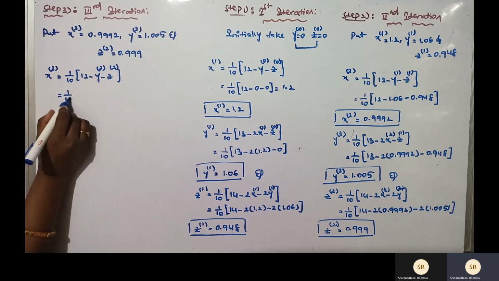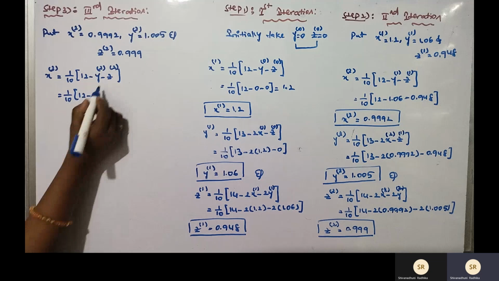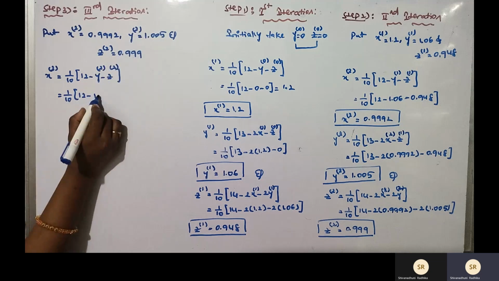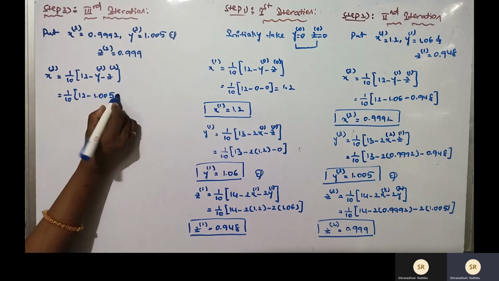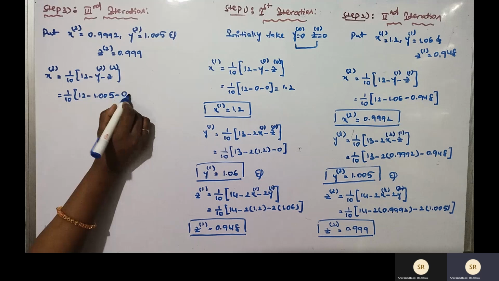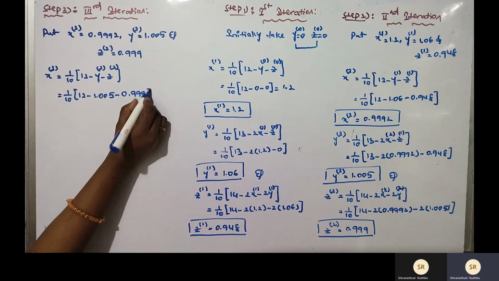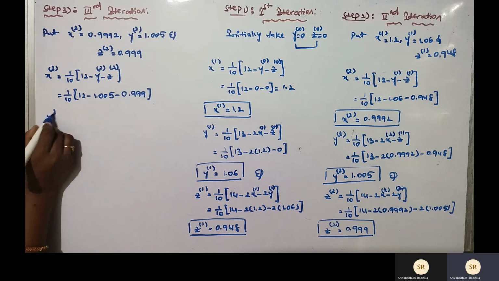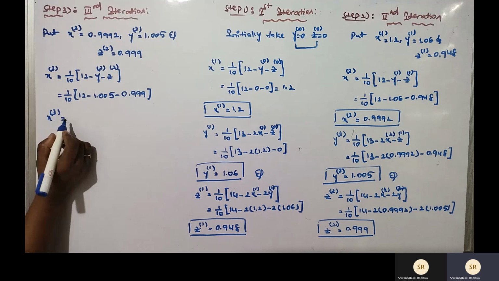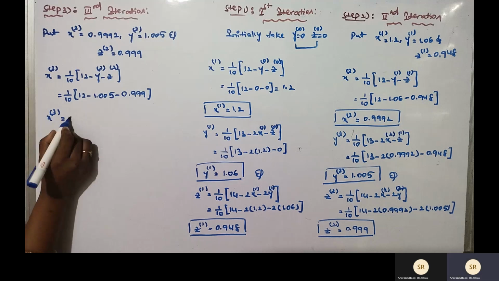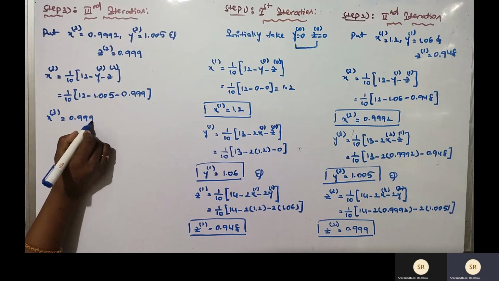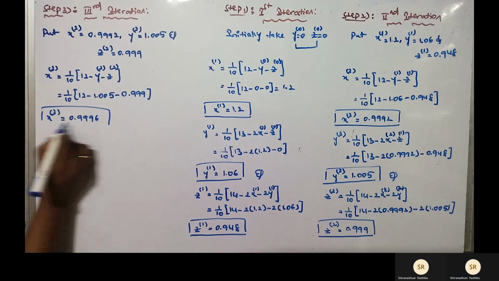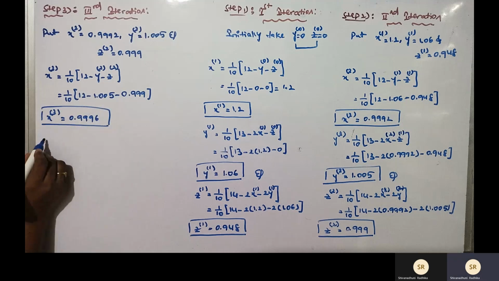So just substitute those values here: 12 minus y second approximation 1.005, z second approximation 0.999. Getting by using the calculation, x value is 0.996.